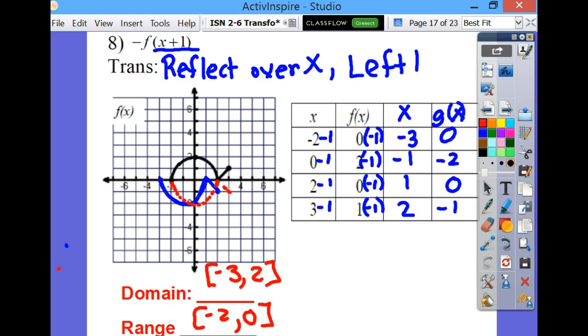How'd you do on problem number 8? Did you get it filled in? Look at what you did. Look at what I did. See if you are correct.